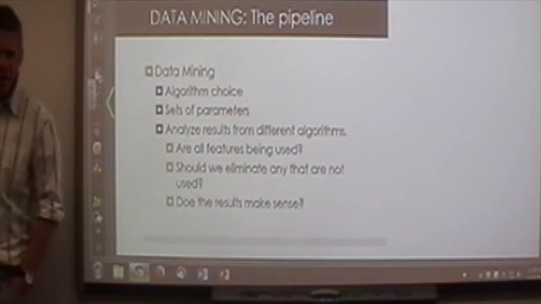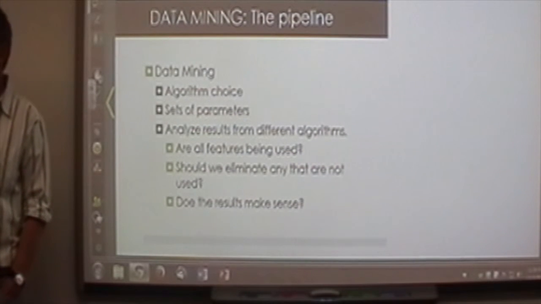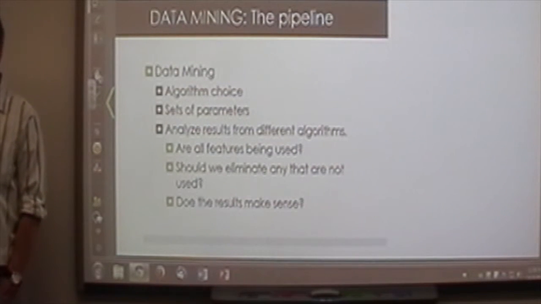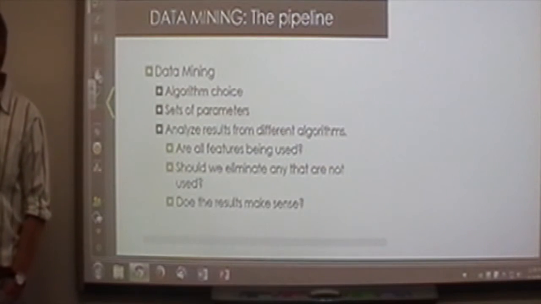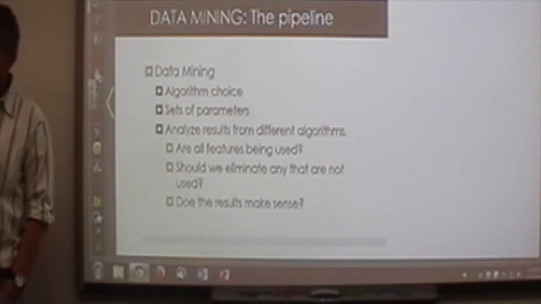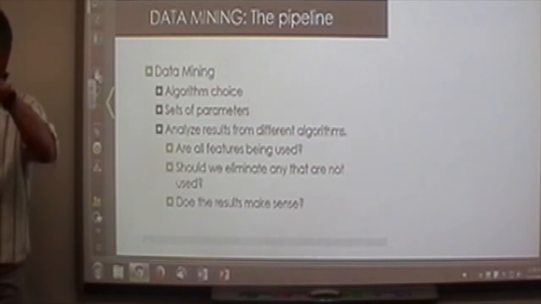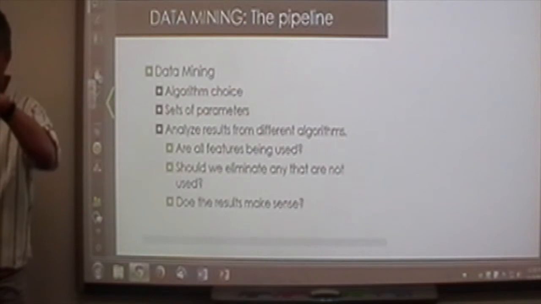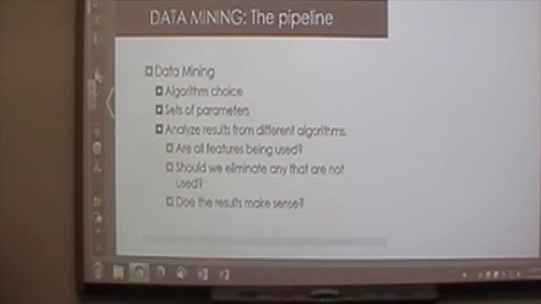And I mentioned when we talk about genetic algorithms, you can use genetic algorithms to find better parameter settings. Genetic algorithms typically aren't used as a classification technique, but they can be used to adjust parameters. That's a common technique and can be useful.